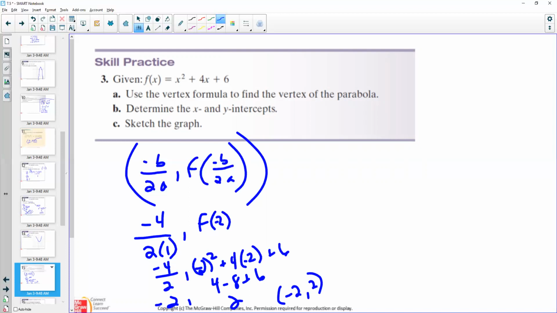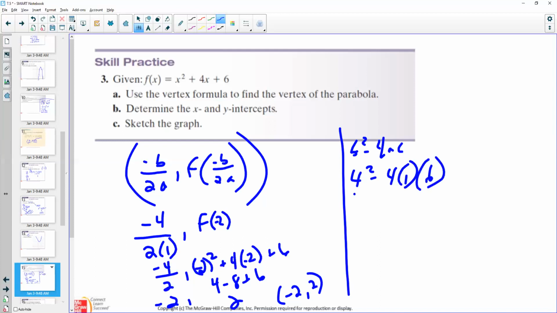The x and y intercepts, I'm going to check again. I'm just going to use the discriminant for x first. So b squared minus 4ac: 4 squared minus 4 times 1 times 6. 16 minus 24 is negative 8.